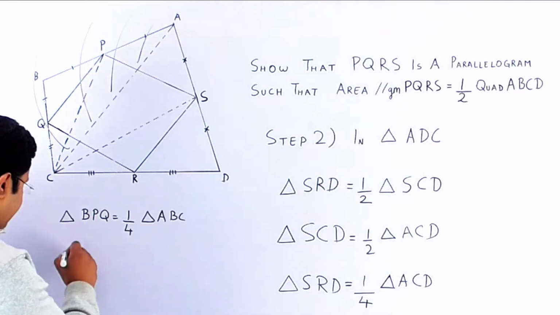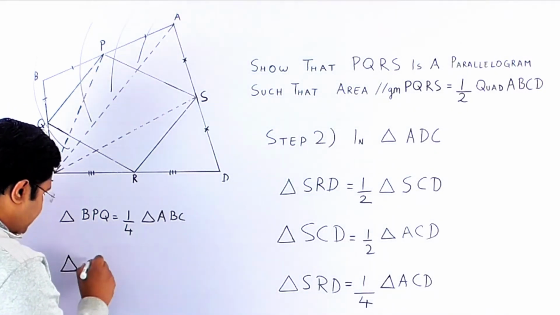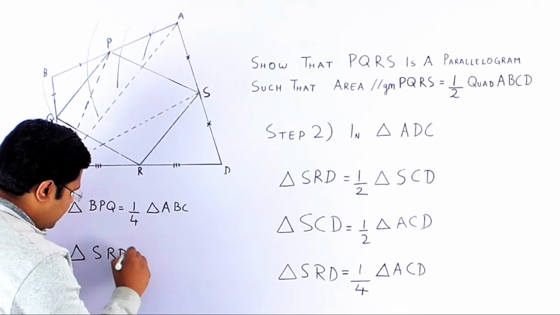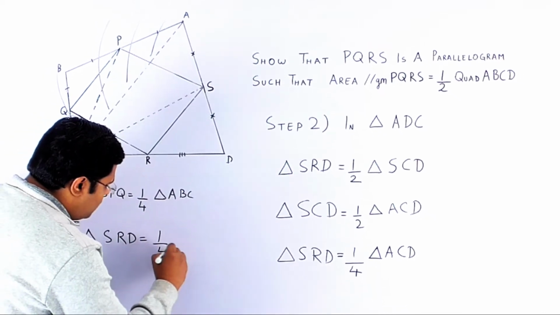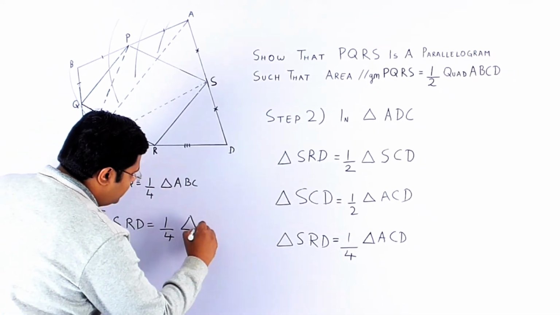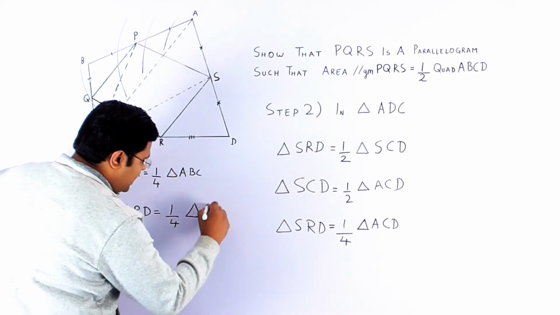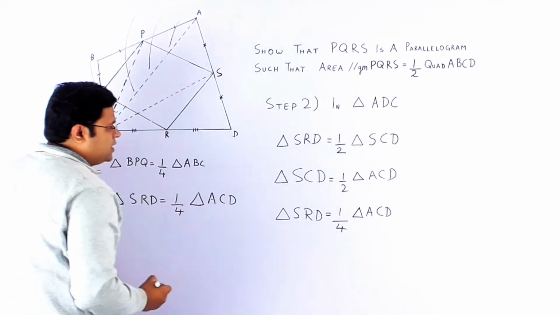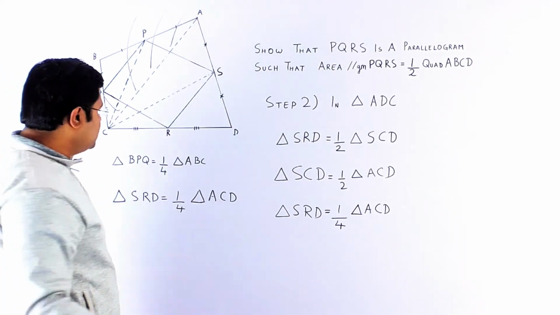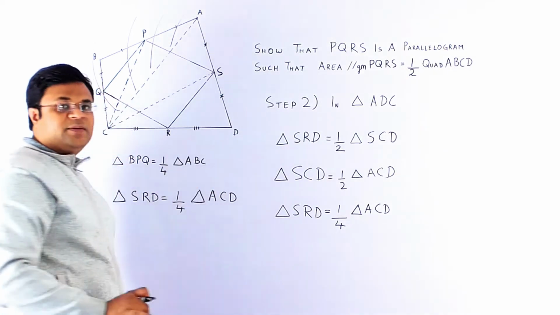So the next point is that triangle SRD is equal to 1/4 of triangle ACD.